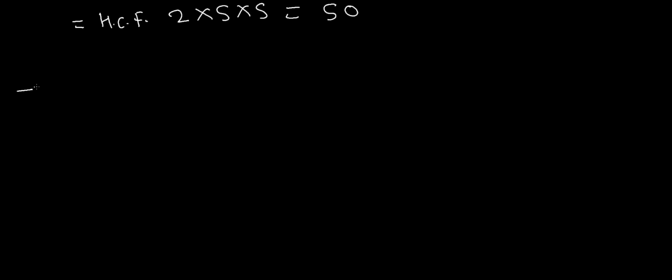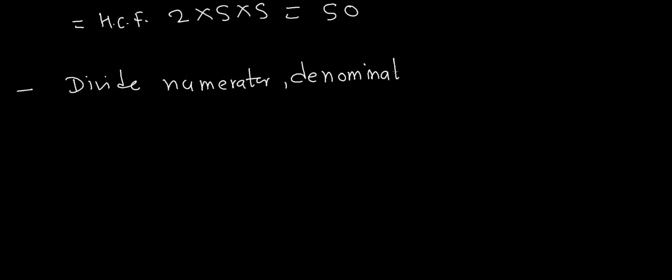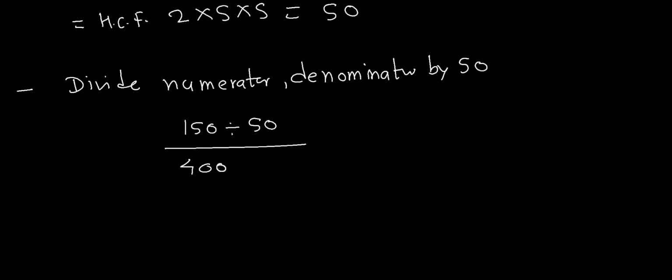So to have the simplest form, we divide the numerator and denominator of the fraction by 50. So 150 by 50 divided by 400 by 50 gives you 3 by 8, and that in ratio form is 3:8.